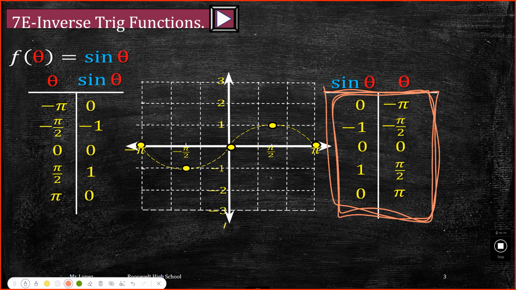Do you know the definition of a function? A function, like a linear function, a line, a quadratic, a rational, any exponential, they're all functions because for every input, it has one exact unique output.